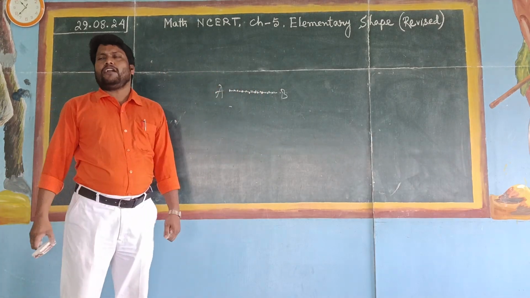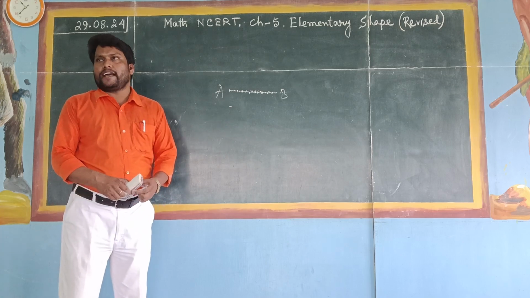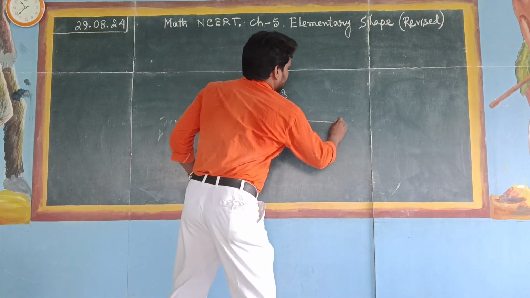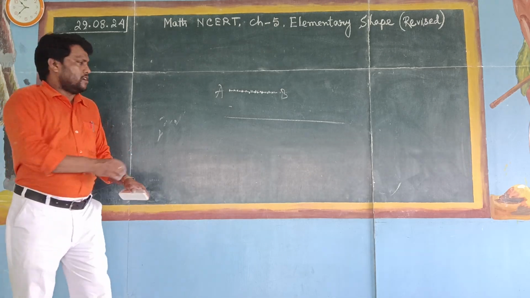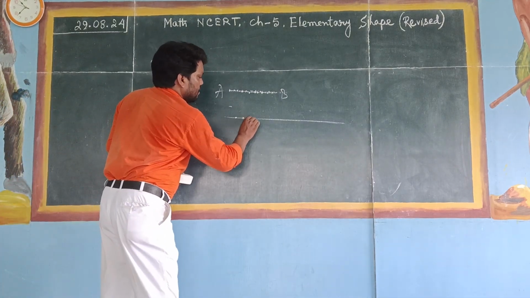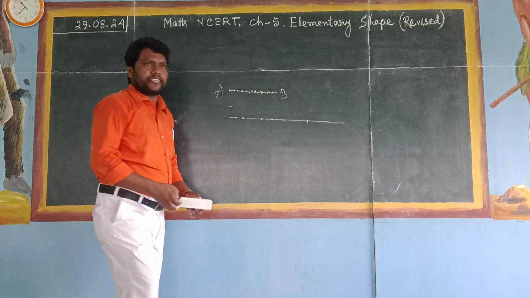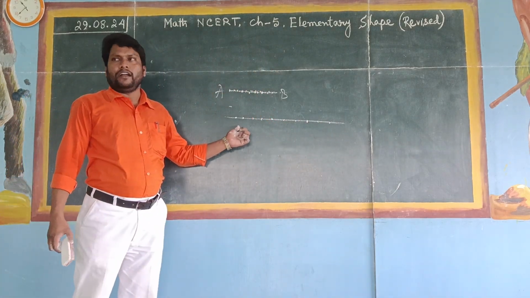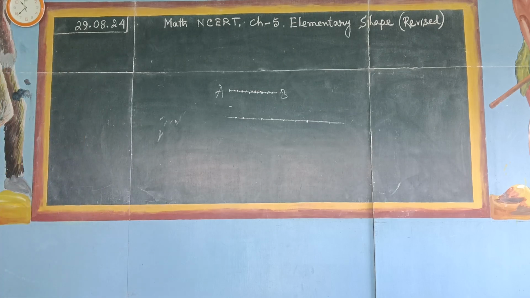So these are called collinear points. That means when points are located on a line, the points are called collinear points. Okay? This is one type.